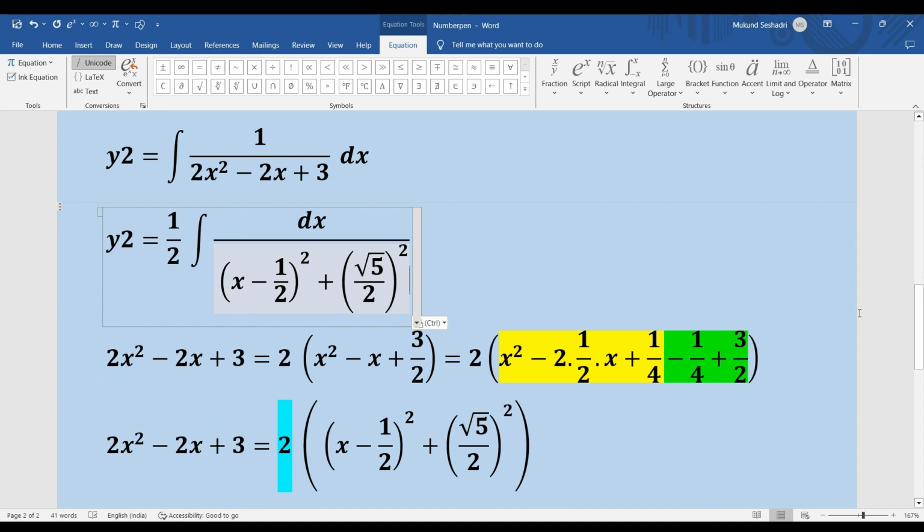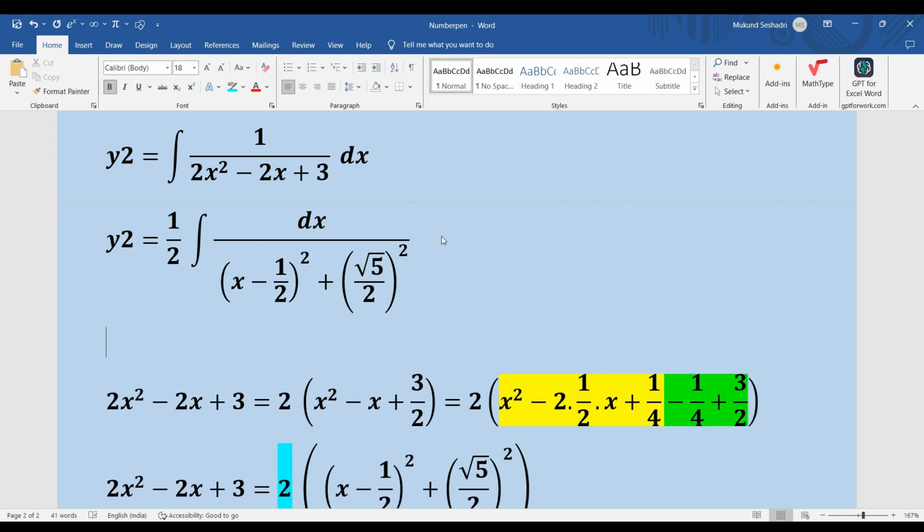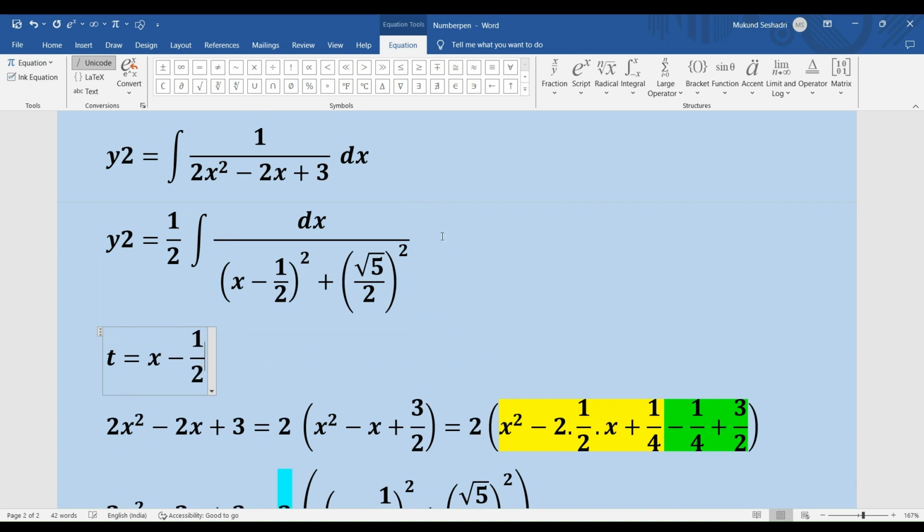So this is nothing but an equation of the type integral of dx by x square plus a square, right? And how do I bring it to that particular format? I make a simple substitution, t equals x minus half, right? And what happens to my dt? My dt becomes equal to dx, right?